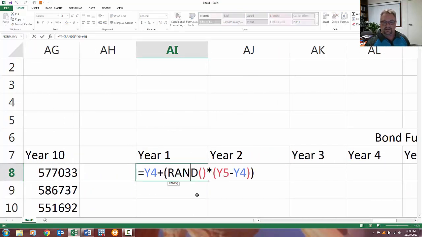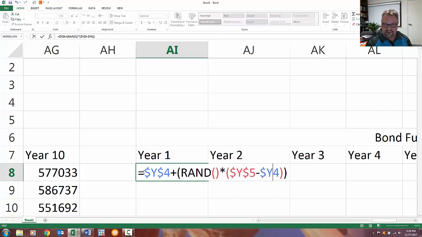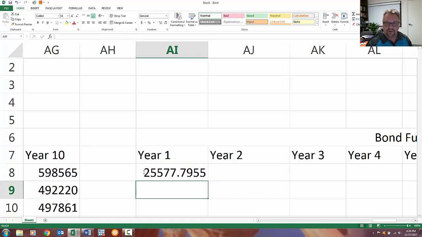Okay, so let's take a look. Did I get this right? Yes. And then here, right, I never want the cells that the lower and upper bounds are in to change. So I will fully anchor these and then copy this over.